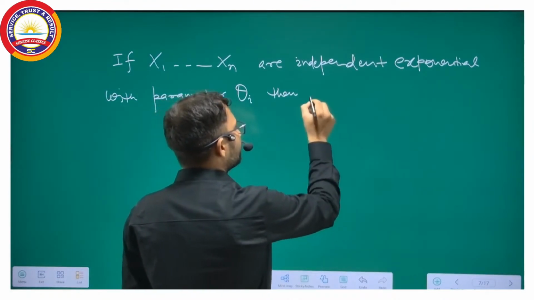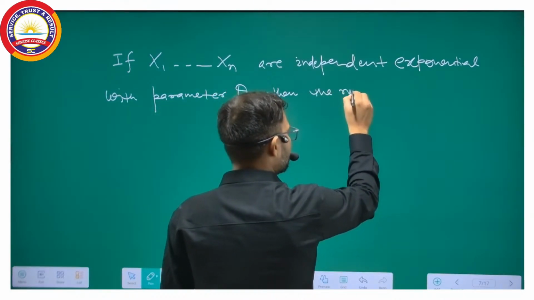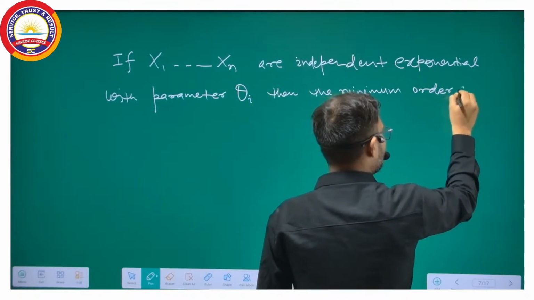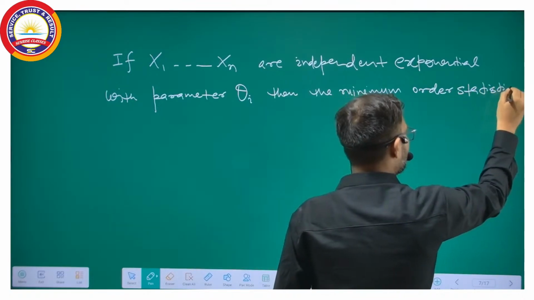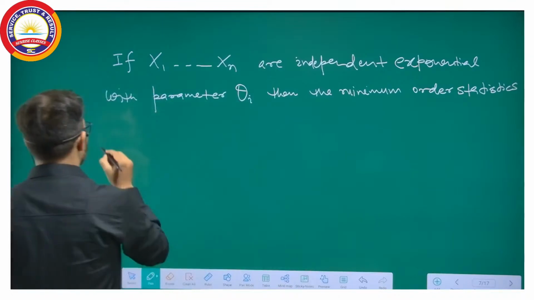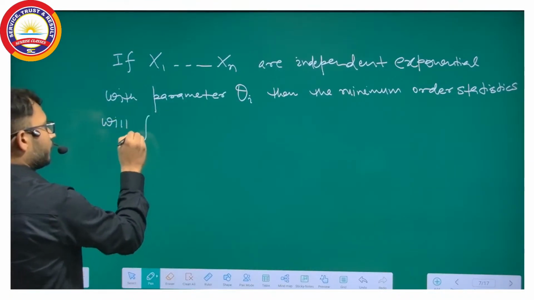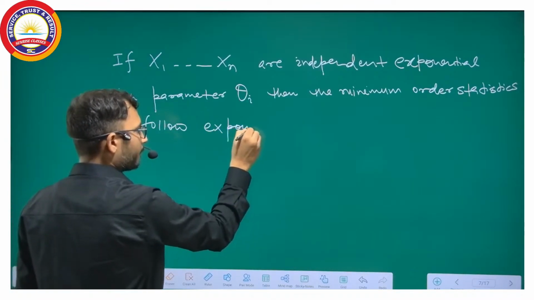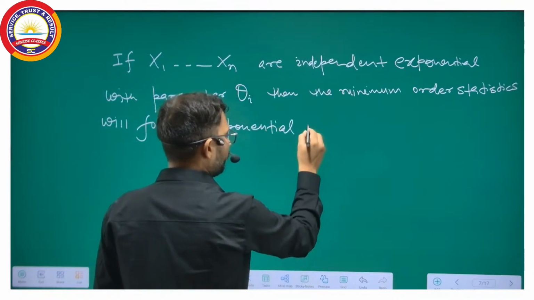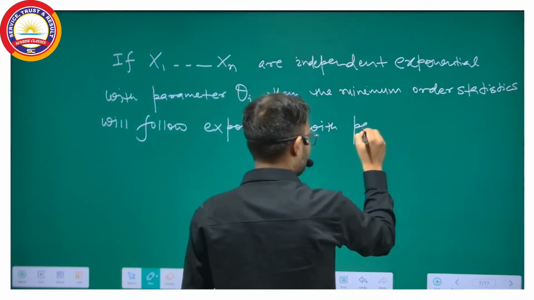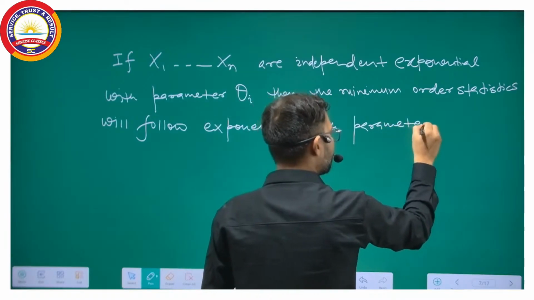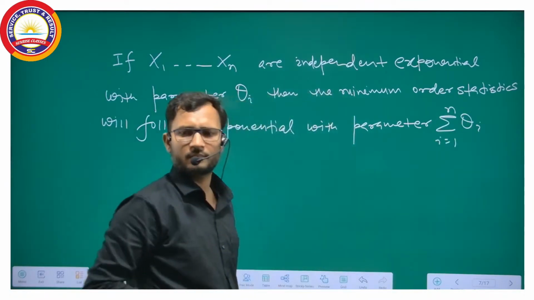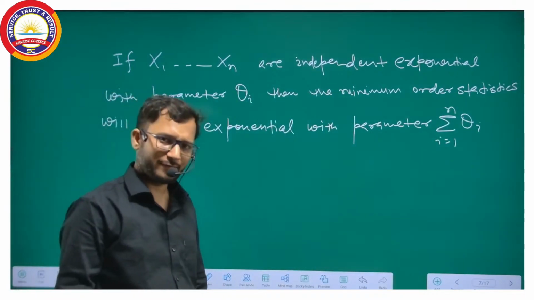The minimum order statistic will follow exponential with parameter summation of theta i, i equal to 1 to n. Yes, this is the result that I already have taught in the class.